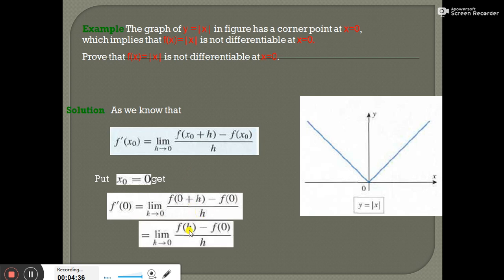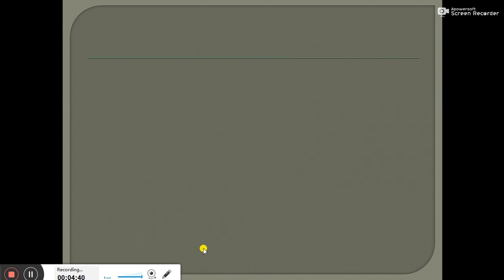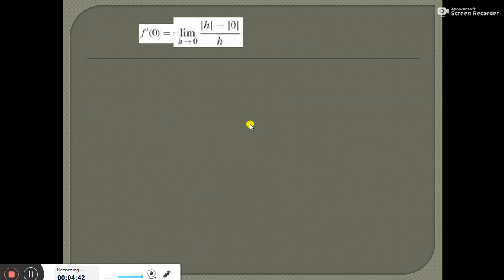Now we get limit h tends to 0, f of h minus f of 0 by h, that is mod of h minus mod of 0 divided by h. Again we get limit h tends to 0, mod of h divided by h.